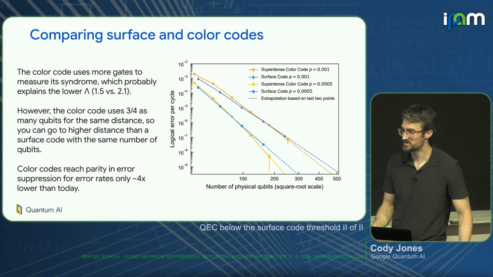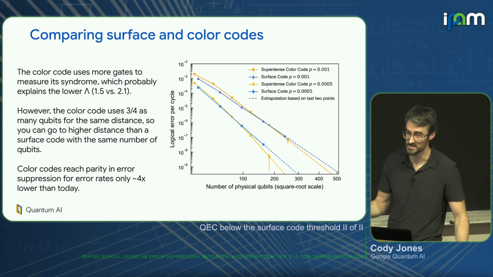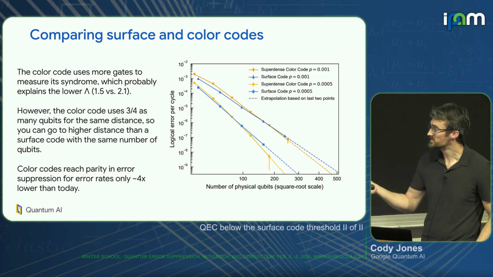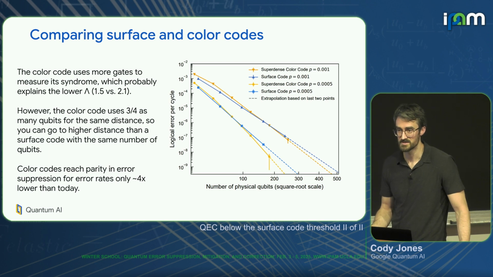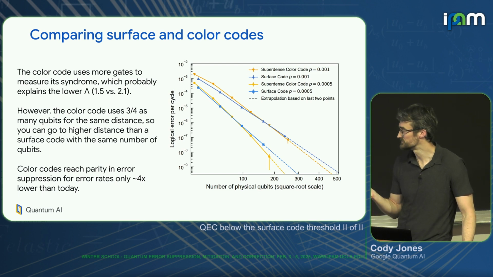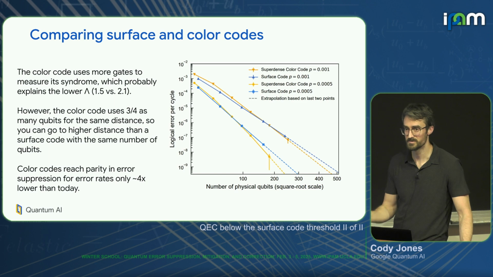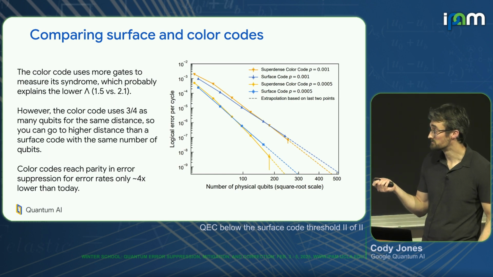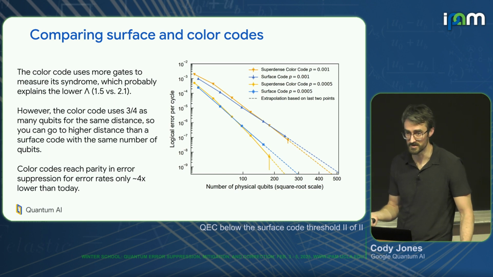And in some sense, you could probably argue this is inevitable, that the fact that it uses fewer physical qubits means that at some error rate, it will have an advantage. But we showed that this is pretty close to where we are today. This is like a factor of maybe 3 or 4 from the error rates we have in our current devices. So there's this possibility that maybe color codes are a better code.